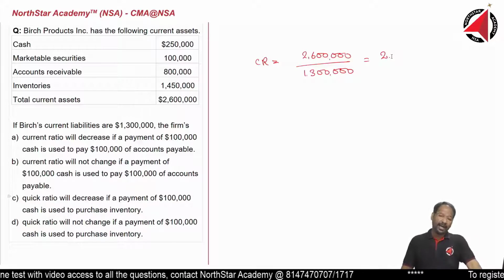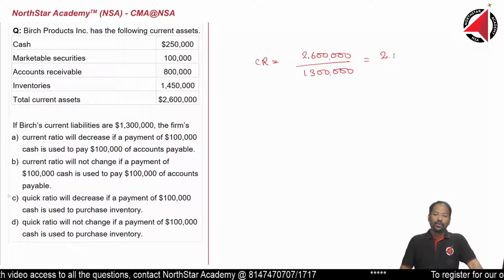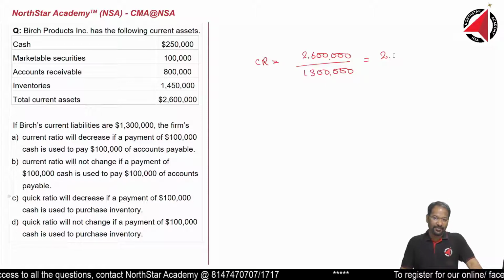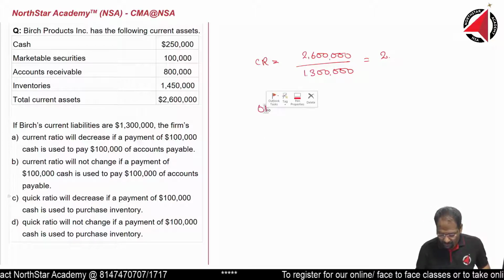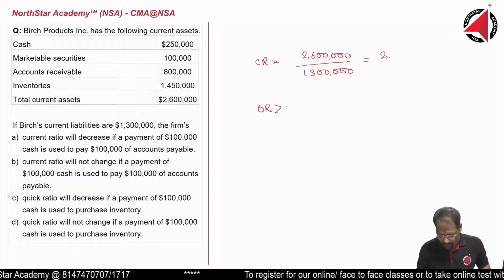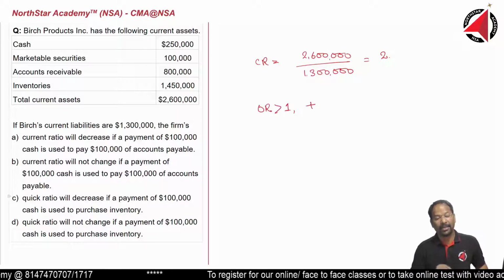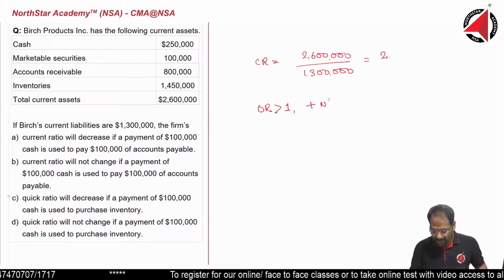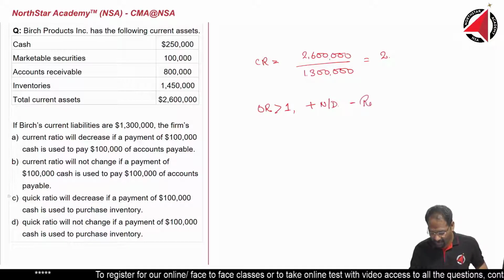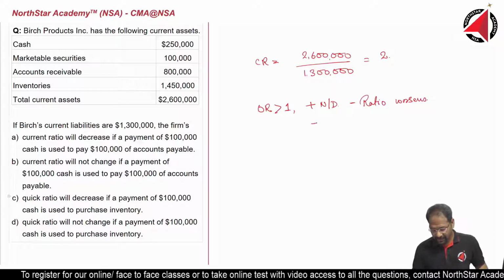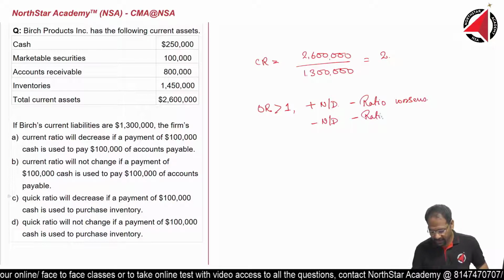And if you remember, I mentioned that whenever the original ratio is greater than 1, if you add a particular number both to numerator and denominator, the ratio will worsen. And if you subtract a constant number both from numerator and denominator, the ratio will improve.